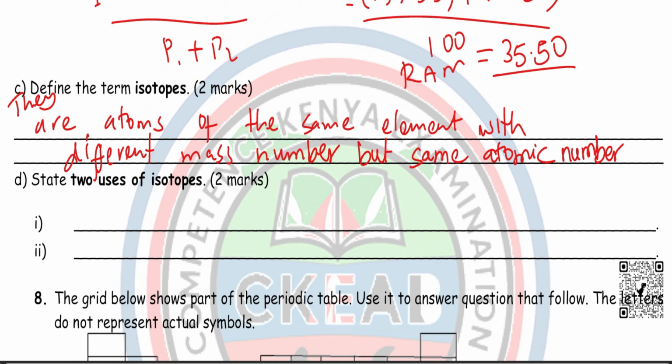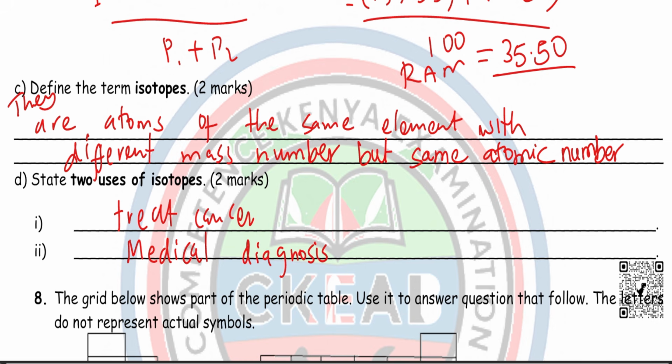So question D states the uses of isotopes. Isotopes are used to specially treat cancer patients. We use that to treat cancer. Also used for medical diagnosis.